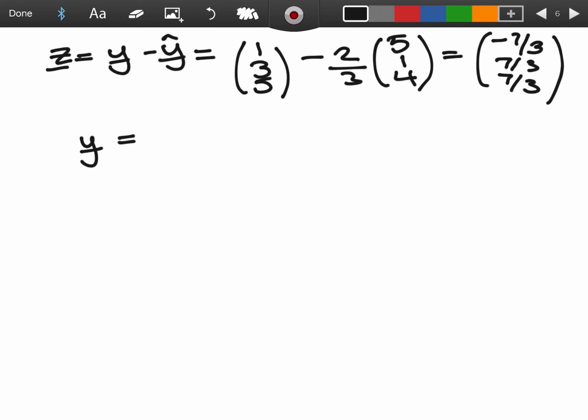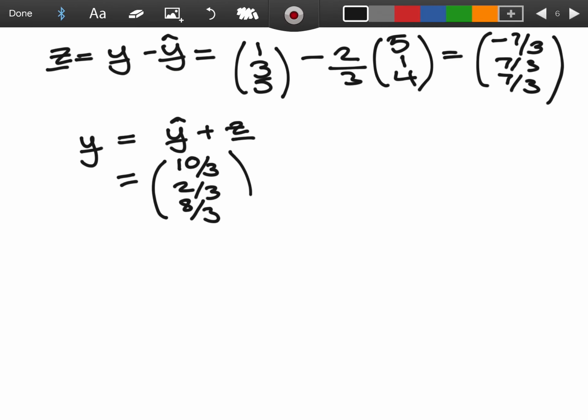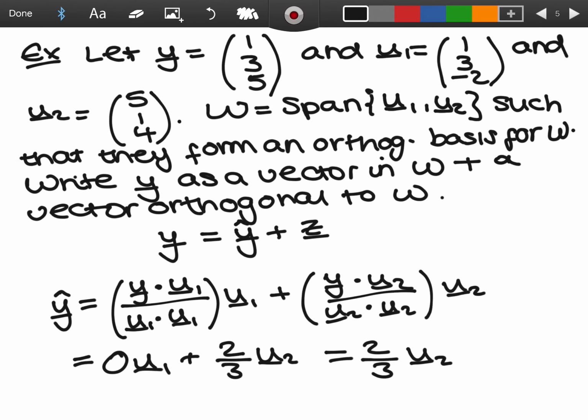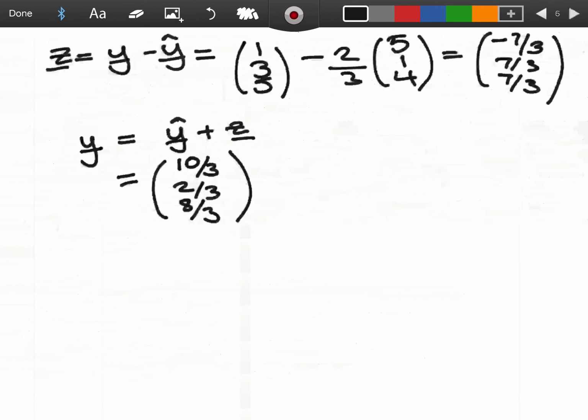We'll put this all together. So y is equal to y hat plus z. Y hat was 2 over 3 times 5, 1, 4, which, if you work that out, is 10 over 3, 2 over 3, and 8 over 3. All I've done there for y hat, we said y hat was 2 over 3 times u2, so I've done 2 over 3 multiplied by 5, 1, 4.